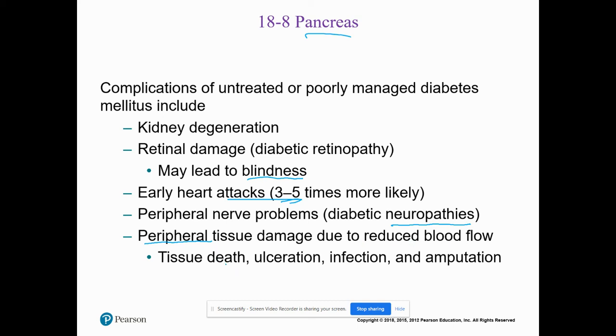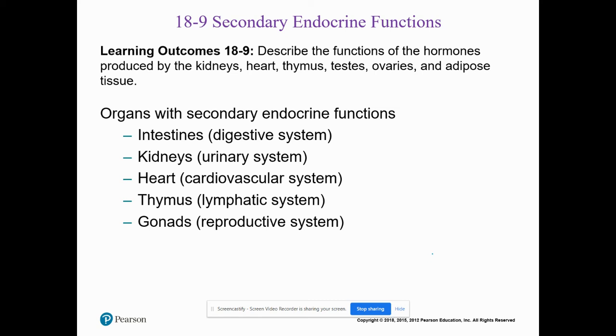So the tissue does just die if it doesn't ulcerate and become infected. You're lucky, but they'll lose feet and hands over this because if you can't debride it, you have to amputate it.